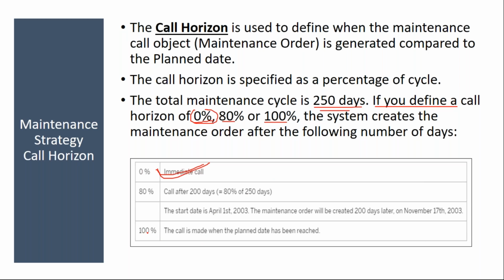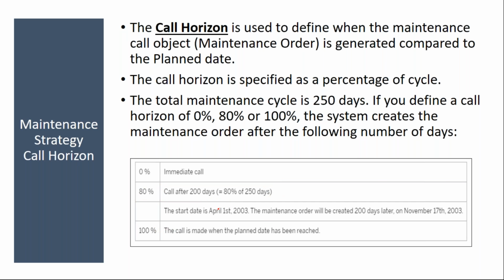If you put 100%, the order will get generated on the exact preventive maintenance date, so your call date and maintenance date will be the same. And if you maintain 80%, then it will be 80% of your cycle time. Your cycle time is 250 days, and 80% of 250 days is 200. That means after 200 days, the order will get generated. There is a cushion time of 50 days.